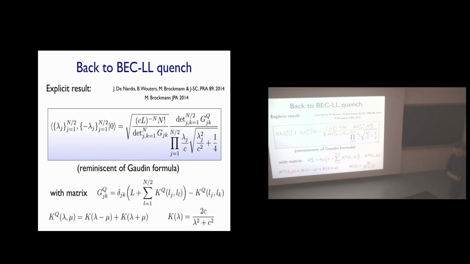So for the specific case of the BEC state, which was, at fixed particle number, the vacuum with the creation operator of a boson at zero momentum to the power n. For that state and that state only, we can write overlaps with Bethe eigenstates of Lieb-Liniger at finite c.